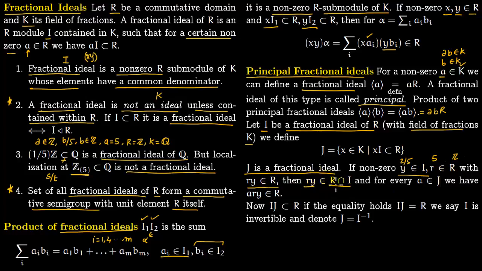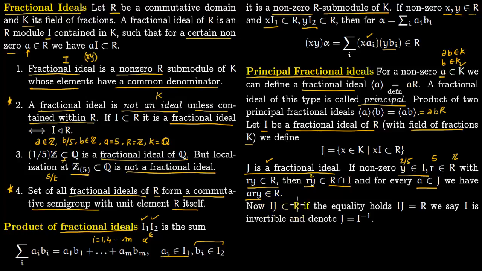So ry would lie within R intersection I, because this I is a fractional ideal. It contains all the integers and all such fractions, and 2 is an integer. So 2 lies within R intersection I. You can see this clearly via an example. So this ry lies within R intersection I, and then for every a in J we have ary lies within R. So this makes J a fractional ideal.